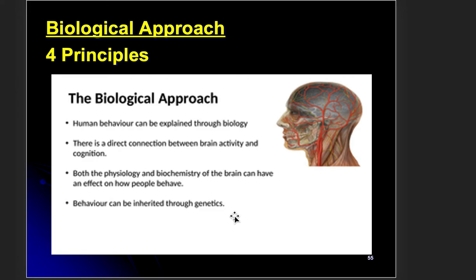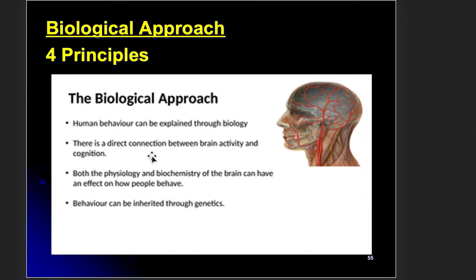Now, what do they mean? Number one is human behavior can be explained through biology. For other approaches, for example, psychologists can explain human behavior through psychological principles, as well as the sociological approach.